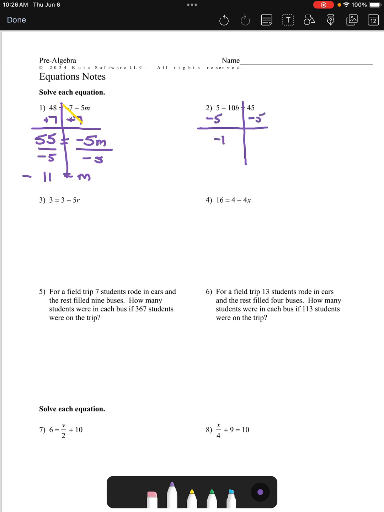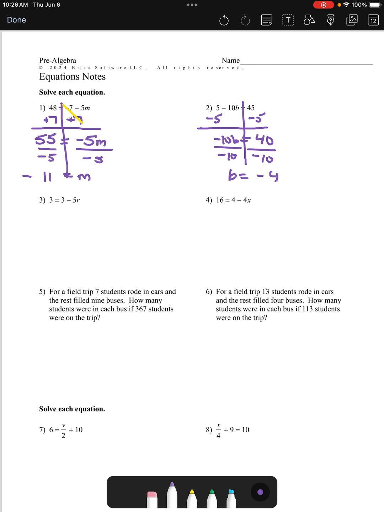It's a +5, so we're going to subtract 5 from both sides so that we have -10b is equal to 40. Now we need to take the -10 off of the b. It is attached by multiplication, so we will utilize division to get it off. We have a positive divided by a negative, so our value is negative, and 40 divided by 10 is 4.